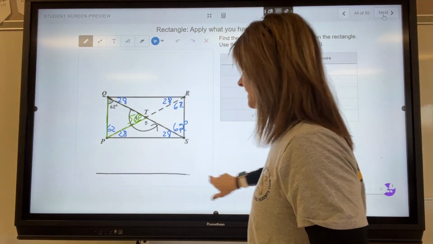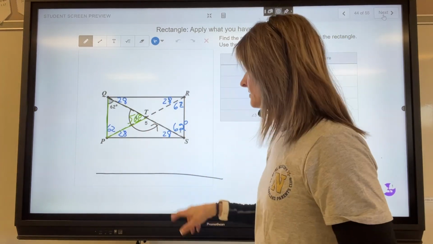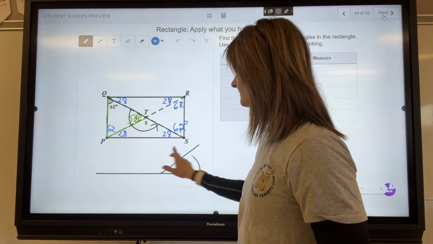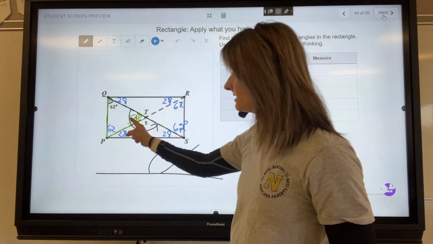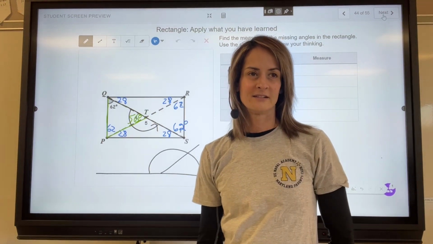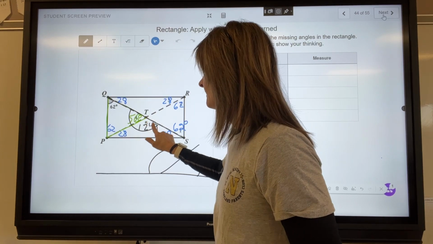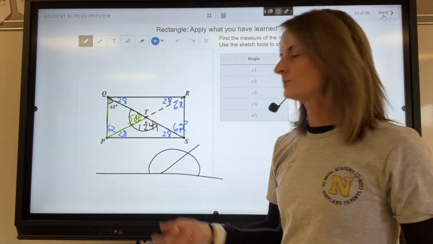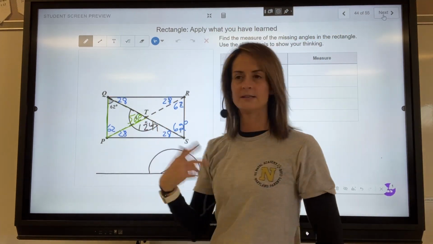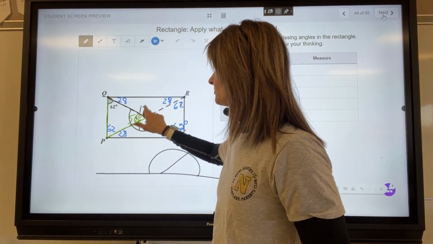If I have a straight line, how many degrees is that? That's halfway around a circle, right? 180. So if I have two angles together that make 180, and we know one's 56, what does the other one have to be? 124. And then you want to check it. Does 124 plus 28 plus 28 add up to 180? All right. So this one has to be 124.